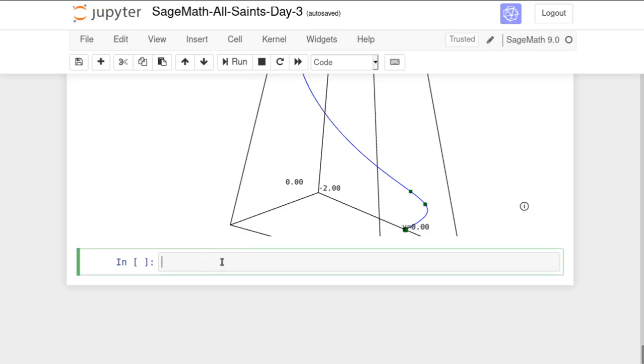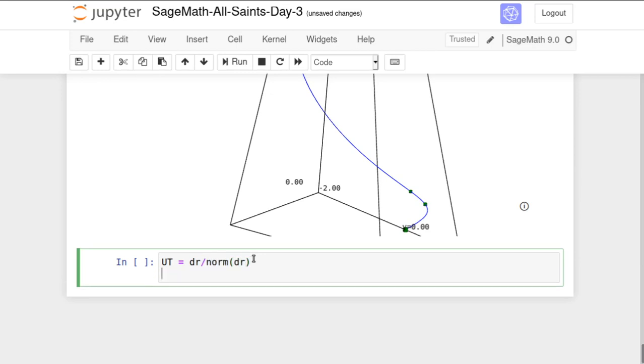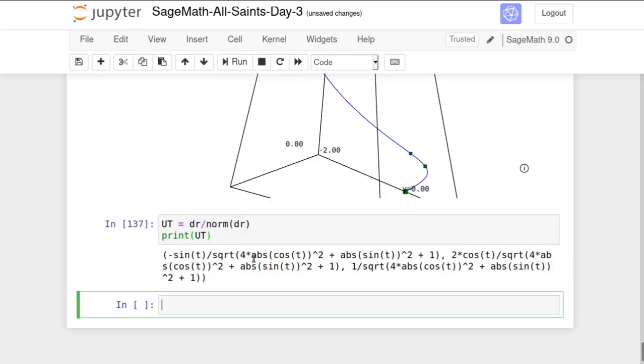So we can define the unit tangent vector T as dr divided by the norm of dr, and we get the unit tangent vector to be equal to this.